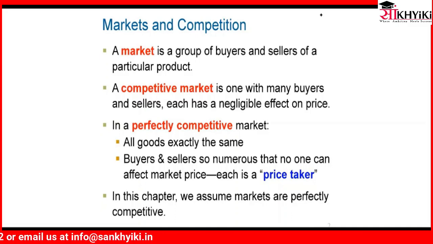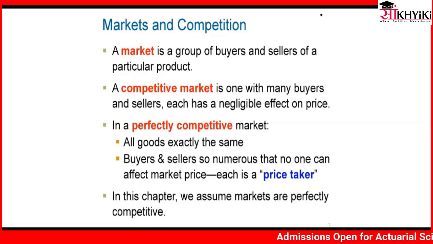Now, okay, so this is a competitive market, but the question that then arises is, what is a perfectly competitive market? A perfectly competitive market has one more property, which is that all the goods are exactly the same.